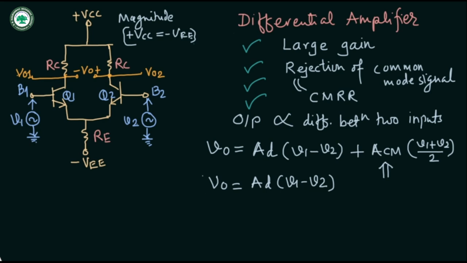Therefore we get the difference between these two inputs at the output. So this way we have the differential amplifier, a very simple circuit designed for getting the difference between the two input signals.